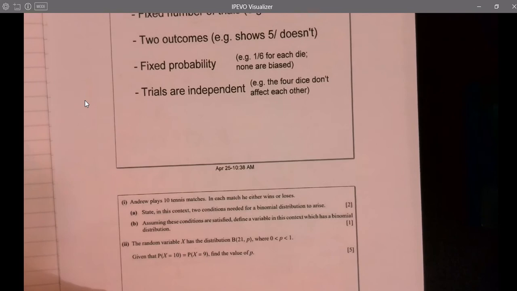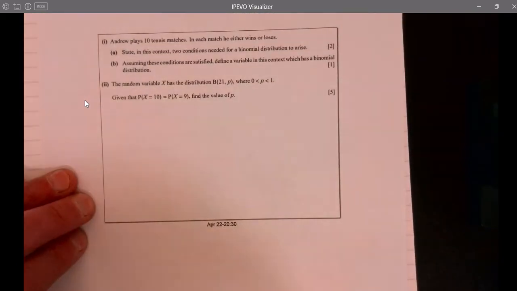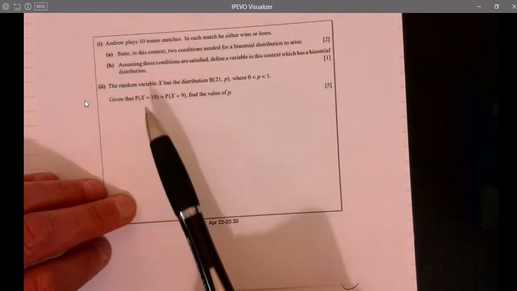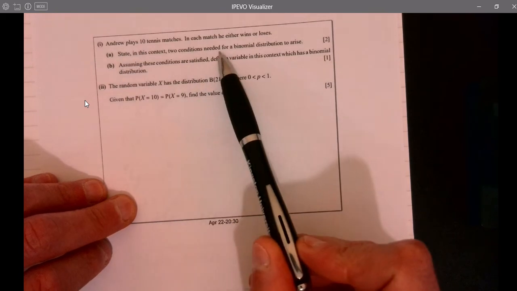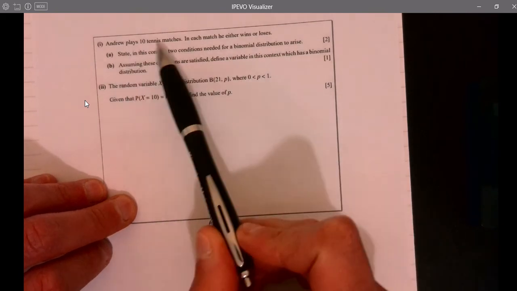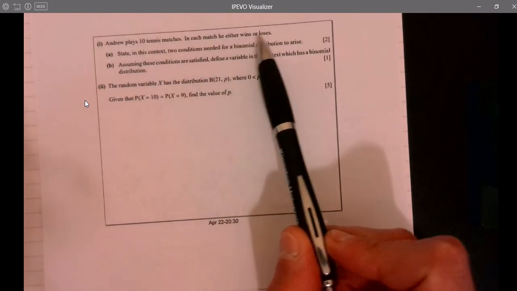Sometimes you get asked questions like this one, an old exam question. It says, state in this context 2 conditions needed for a binomial distribution to arise. Andrew plays 10 tennis matches. In each match, he either wins or loses.